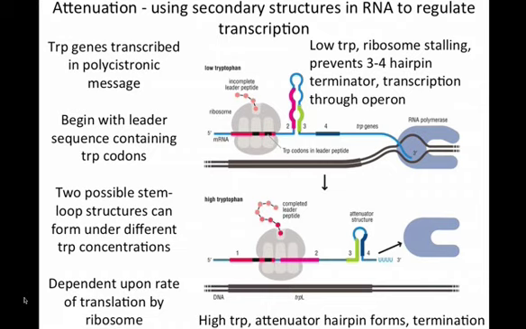That's why it's called attenuation. And you won't get transcription of the whole thing. Okay, so what it's doing is sensing tryptophan levels and deciding whether or not to carry out full transcription. And this, of course, is regulation of the tryptophan operon, which is involved with tryptophan biosynthesis.